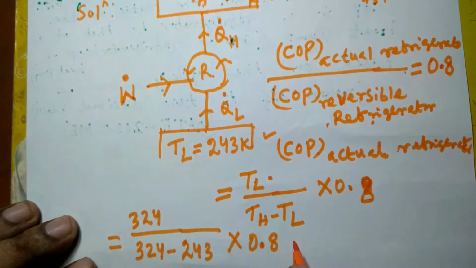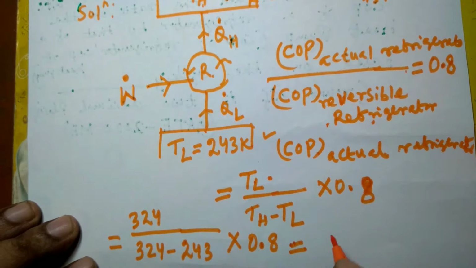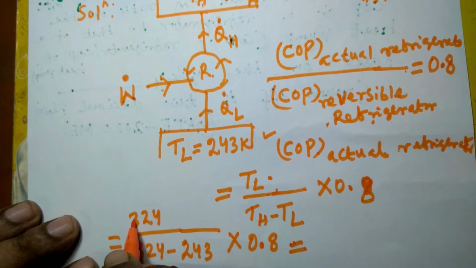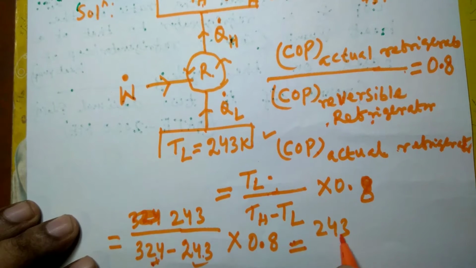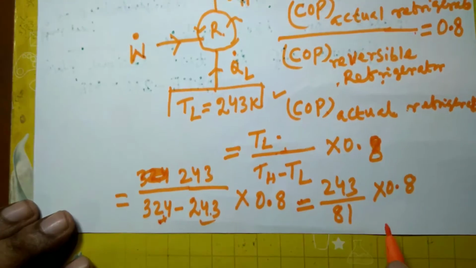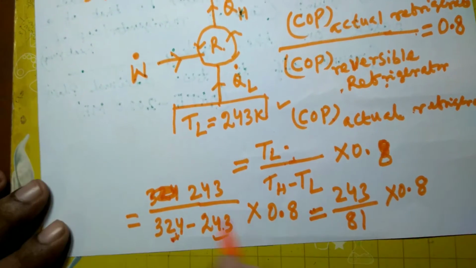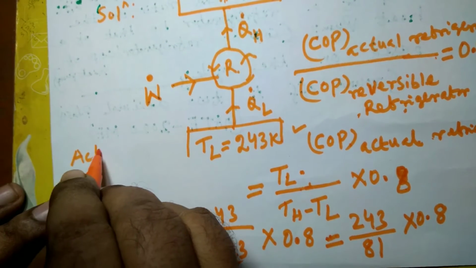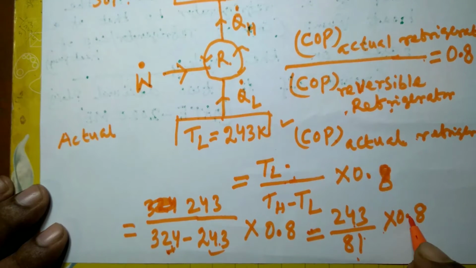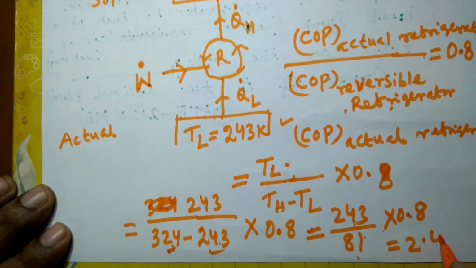Here TL is 243 and TH minus TL is 324 minus 243. This is equal to 243 divided by 81 into 0.8. This is the actual COP. This ratio is 3 multiplied by 0.8, it is 2.4.